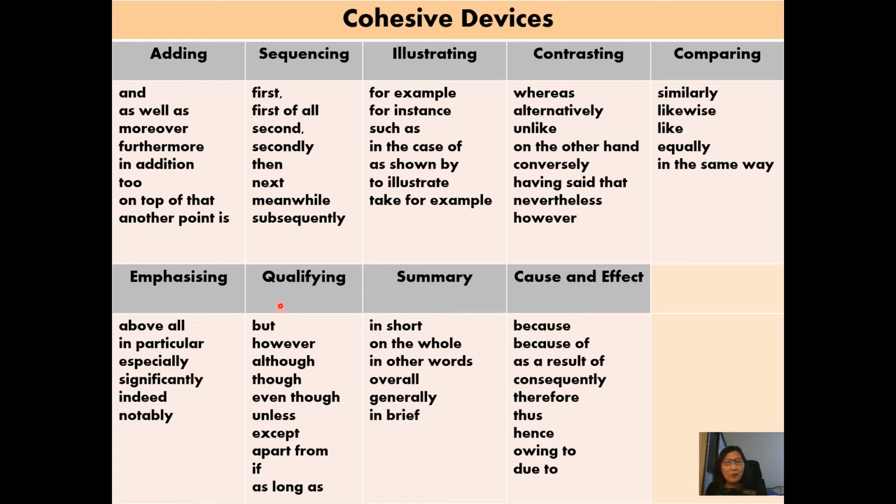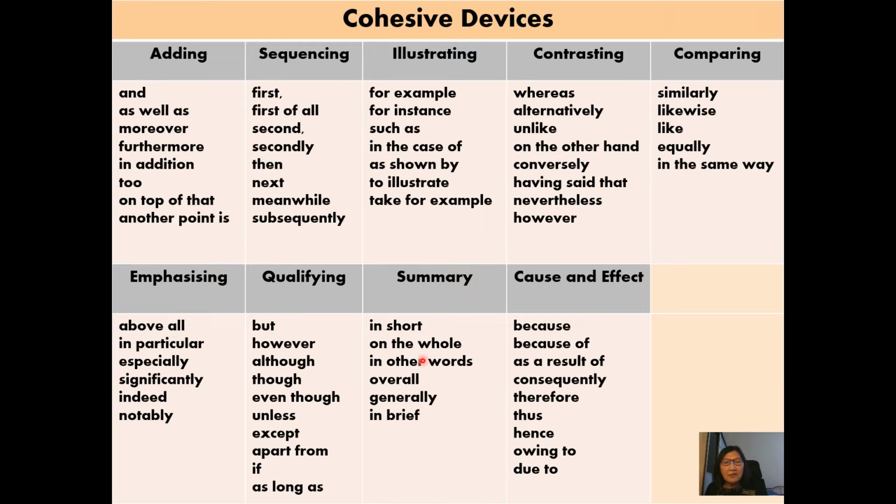And for qualifying linkers, right, you can use but, however, although, though, even though. Okay. And in order to summarize, or when you are writing the summary, you have come to the end of your arguments, you can summarize by saying in short, on the whole, in other words, or generally.